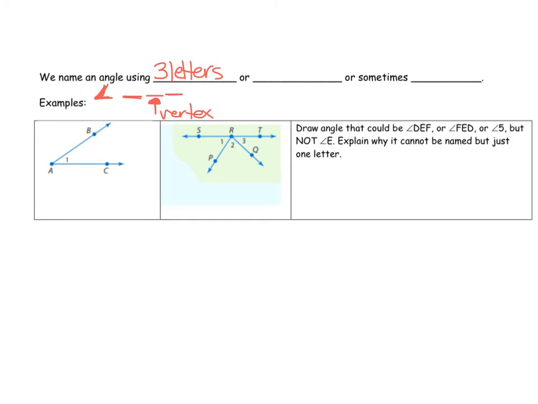So in our first example here, A is the vertex of angle BAC, or I can call it angle CAB. But A, the vertex, must be in the middle. So the first way I can name this is angle BAC, or I can name it angle CAB. Again, that vertex is in the middle, right here.